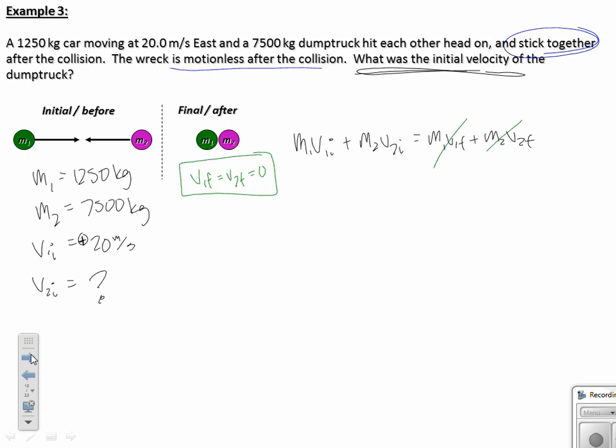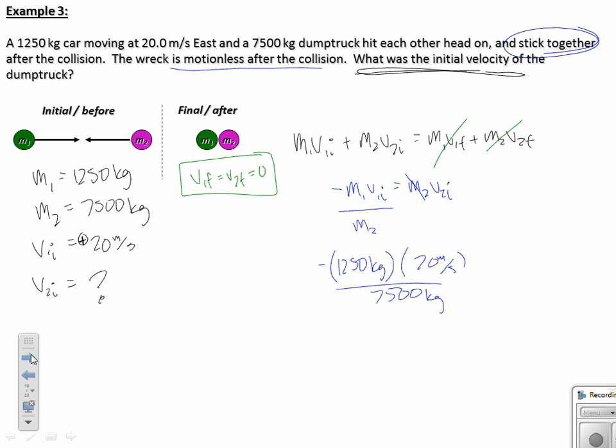So we want V2 initial. If we get a negative, what I would ask you to do is say V2 initial is 3.33 meters per second west.